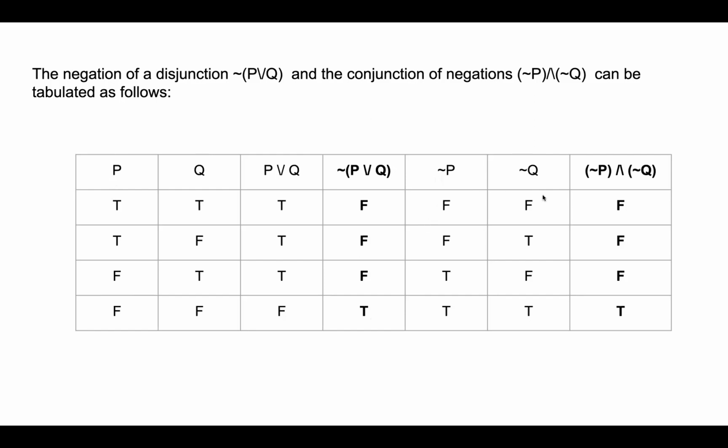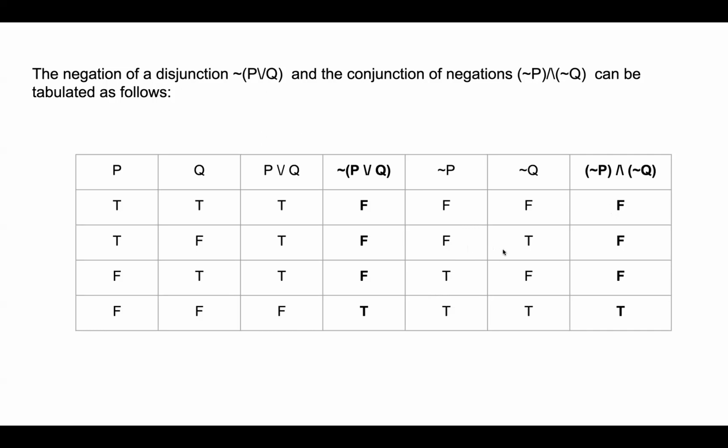Then again we perform the AND operation between these two columns, the fifth and sixth: F, F, F, T and T, T, F, F. Considering all four rows, both are false, so ANDing will be false.